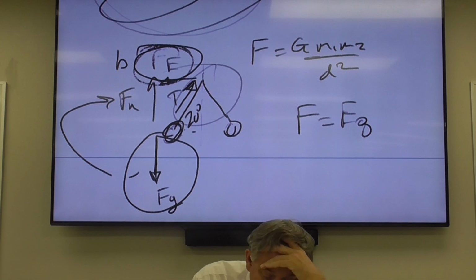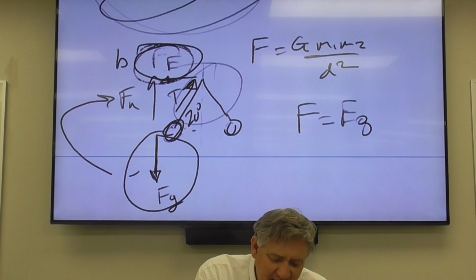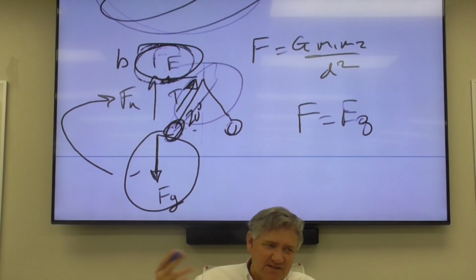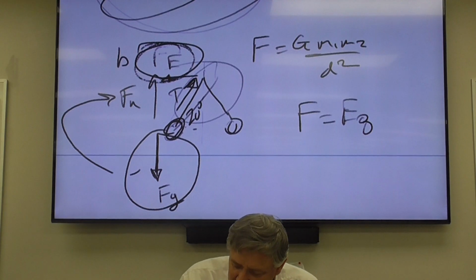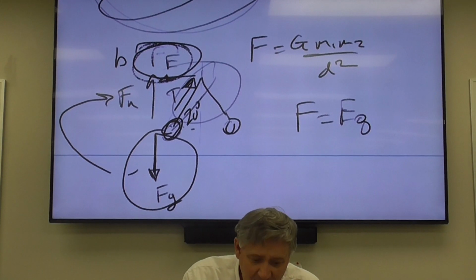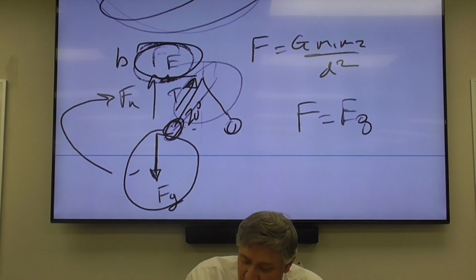Knowing that angle and knowing this side, there's a couple of ways you can do it. You really don't have to find the tension, because that isn't part of the story. If you wanted to, you could. But you need to figure out what the value of that electric force is. Then you can go from there.